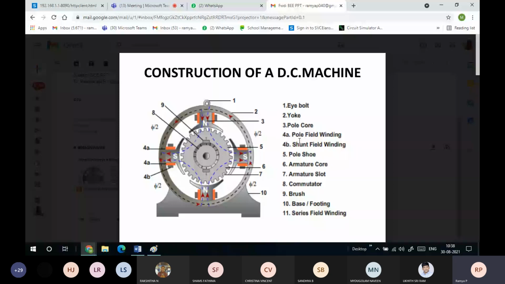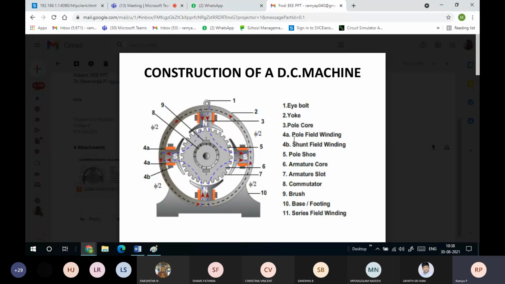The current carrying windings, placed on the pole core, produce the maximum magnetic flux lines. These are the main source of the maximum flux lines. Hence, we place them on the poles.